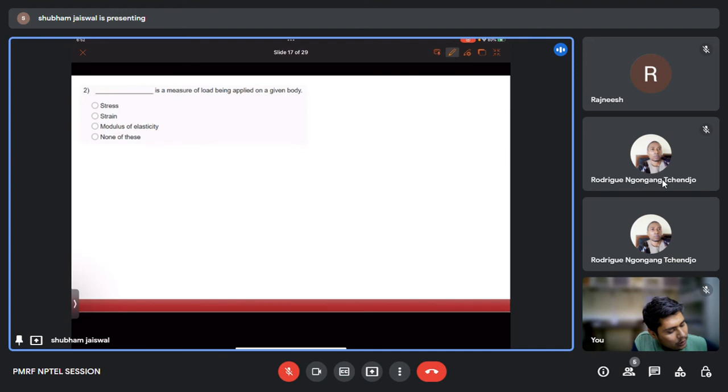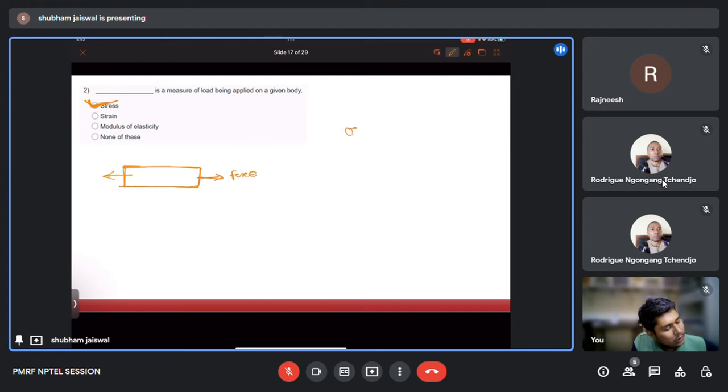So the correct answer is that stress is a measure of load being applied on a body. Suppose I have a workpiece like this and I am applying a load, a force, on it.